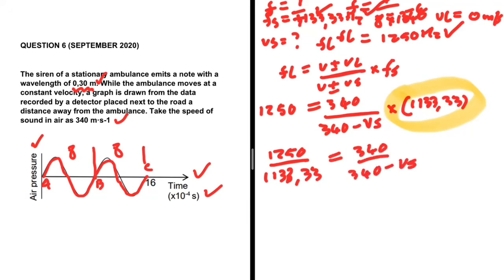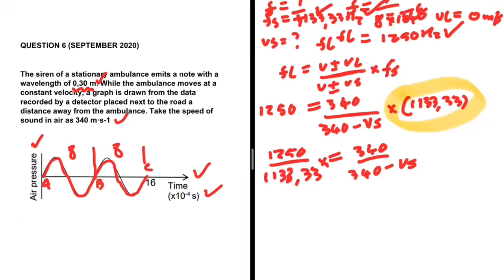So let me divide those numbers on the left hand side, or I can just cross multiply at this point. Whatever method you use to solve for VS, there's no issue. We can use different methods, but we will get to the same answer if we don't make an error.